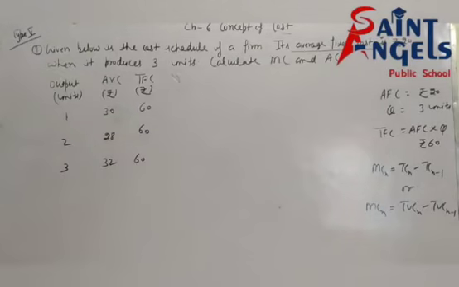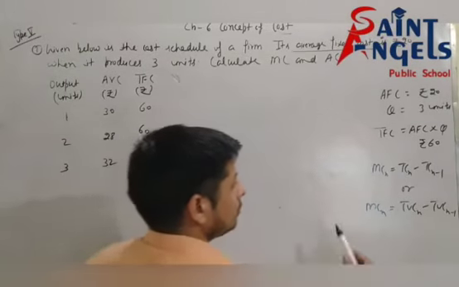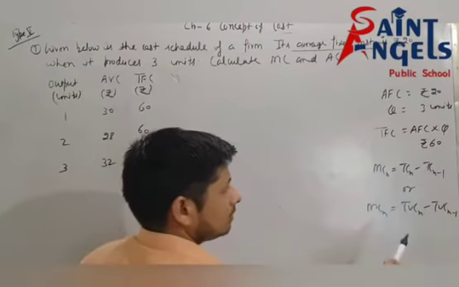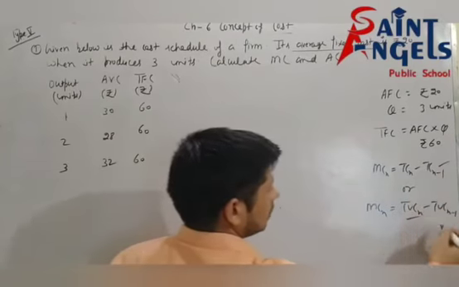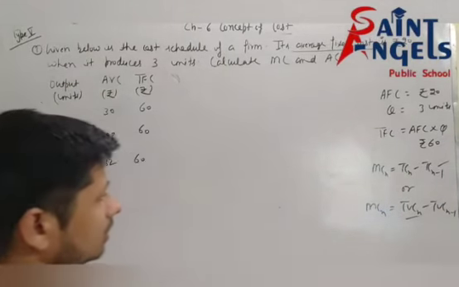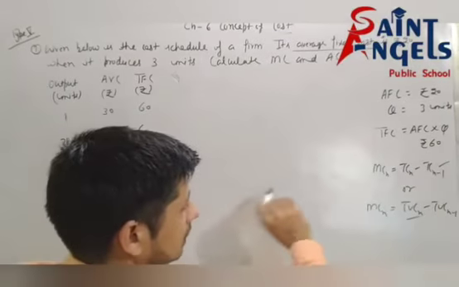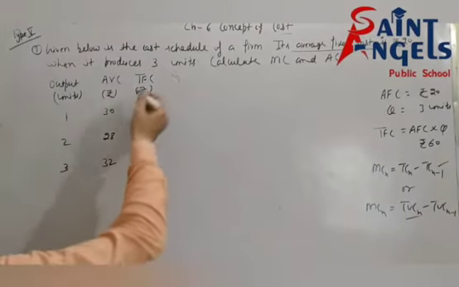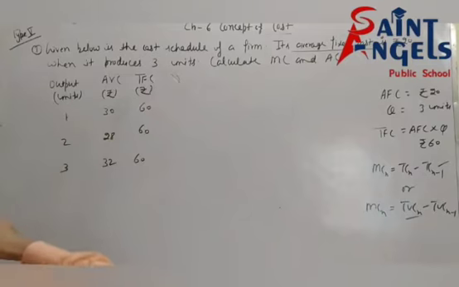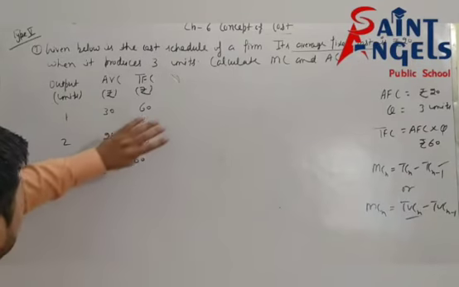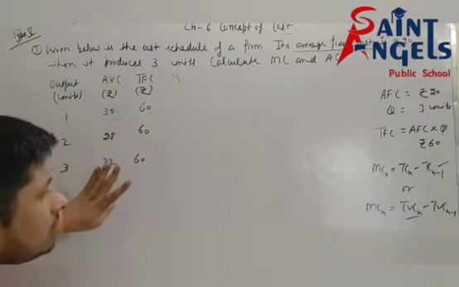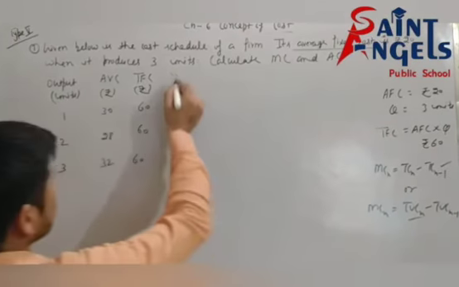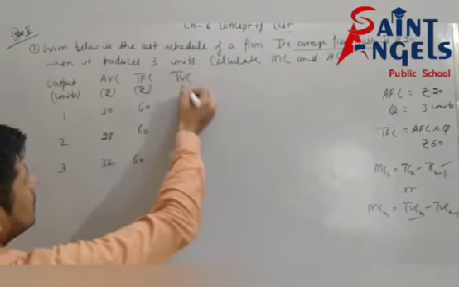Means if you want to calculate MC, then you have to calculate either TC or TVC. So see, TVC, what is the formula of TVC? See, AVC is given here, TFC is given here, and Q is given here. So according to this information we can find TVC. So please calculate TVC.